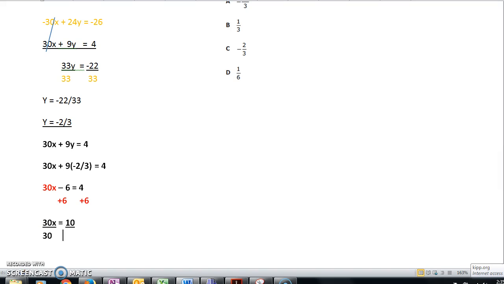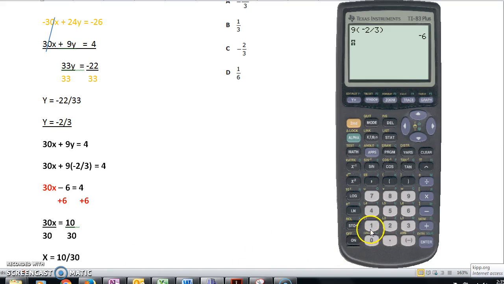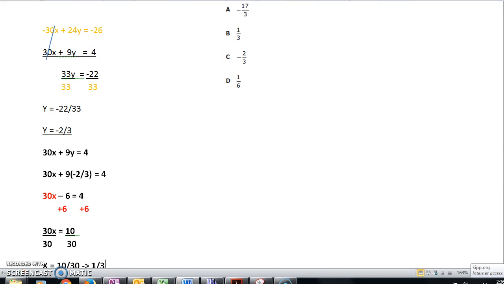X equals 10 divided by 30. Reduce that. 10 divided by 30, I get a decimal, change it to a fraction. Math, fraction, 1/3. So x equals 1/3. And that is answer choice B.